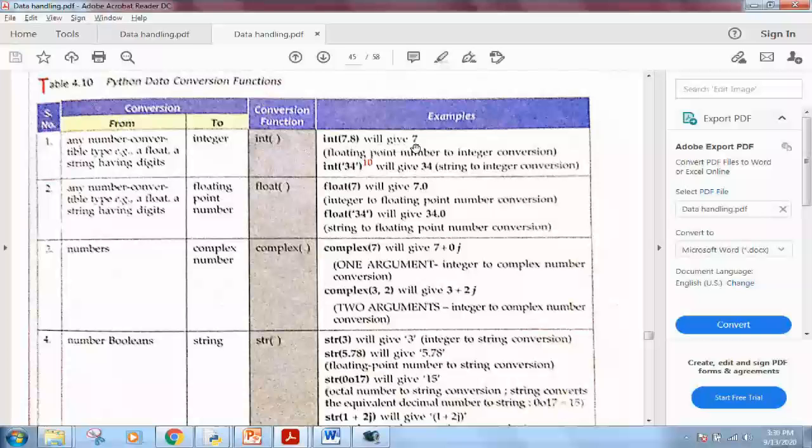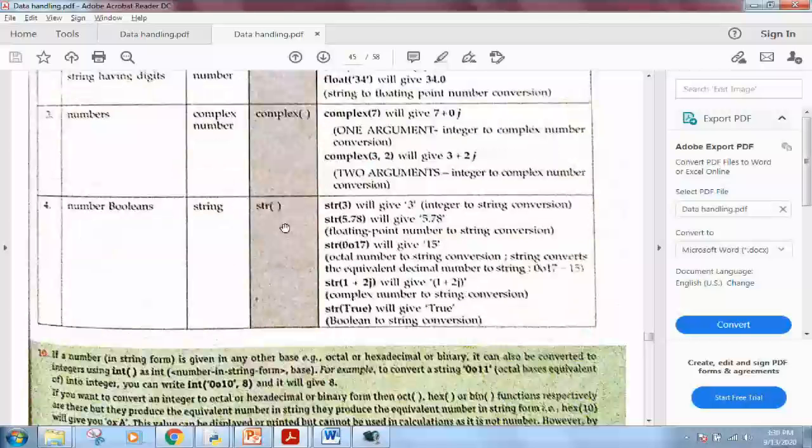There is no rounding here, be careful. Even a string is converted: if you write the string 34, it will be converted into integer 34. Similarly, float converts any integer or string into a floating value, meaning with .0 added. And str is the opposite of this, converting everything into strings.